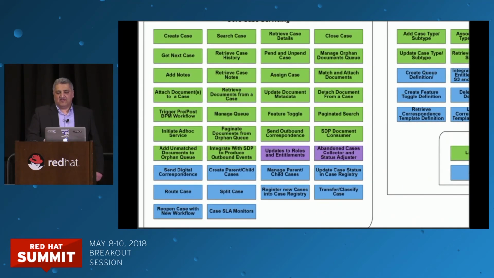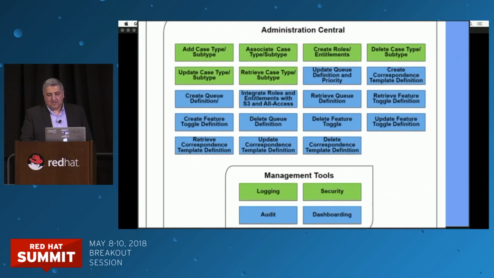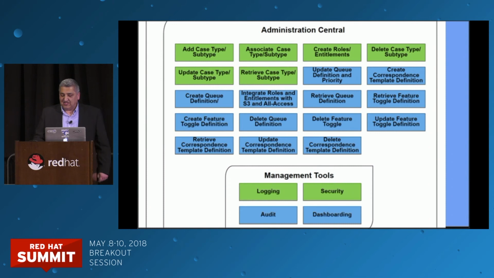Here I'm going to show you the same set of services that Michelle had talked about. That's what we have built. These are the core case management services that anybody would need. We also built another very essential piece, called the Administration Central.